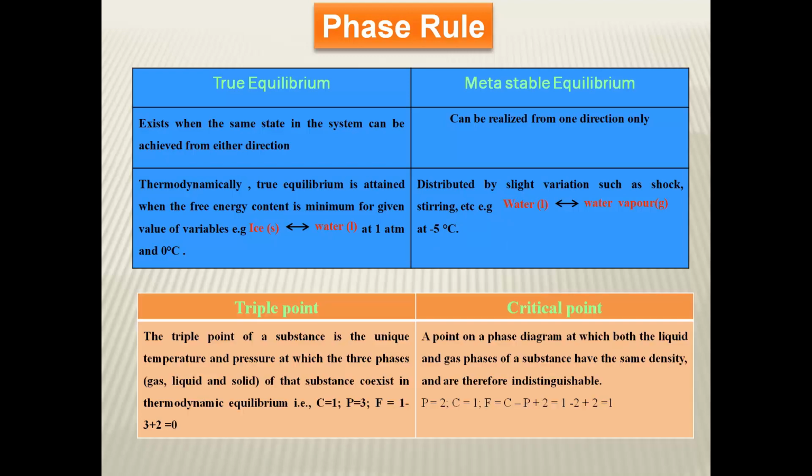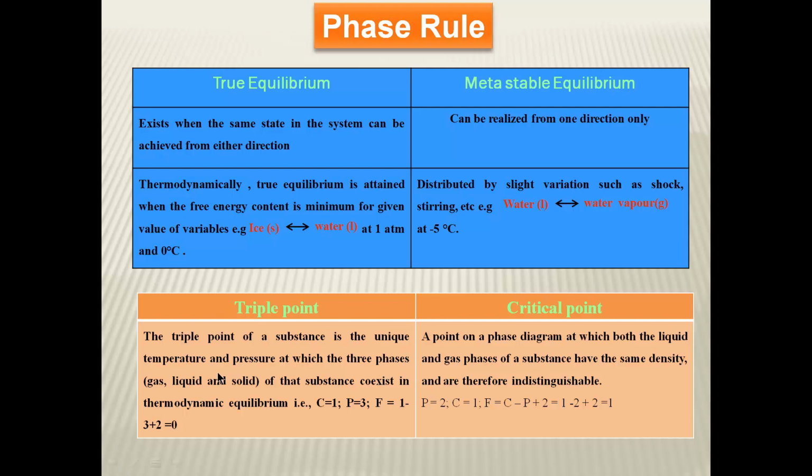Next very important difference that we need to discuss at this point is, what do we clearly mean by triple point and critical point? The triple point of a substance is the unique temperature and pressure. Why do I mention unique? When you come to definitions, there are certain keywords you need to stress upon. Why do I call it unique?